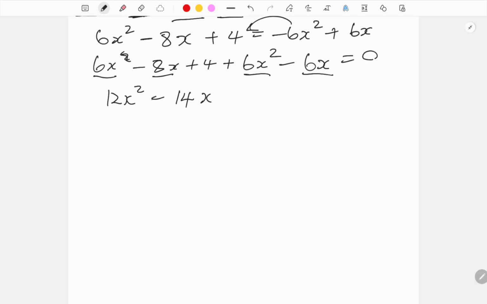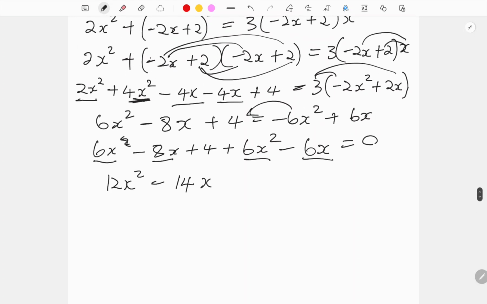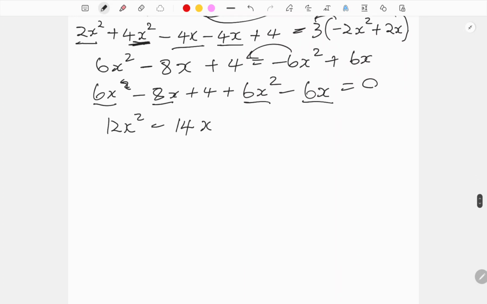Am I correct? Yes. 14x plus 4 equals 0. Now we have to solve for x.